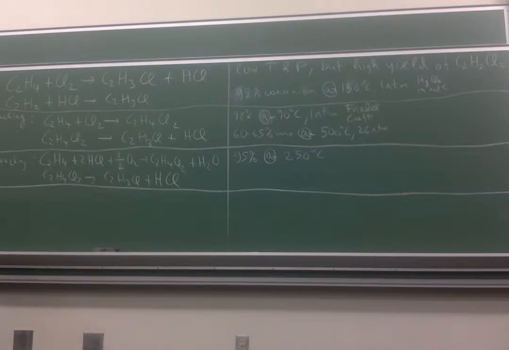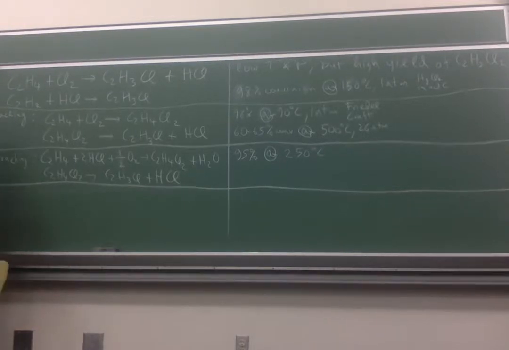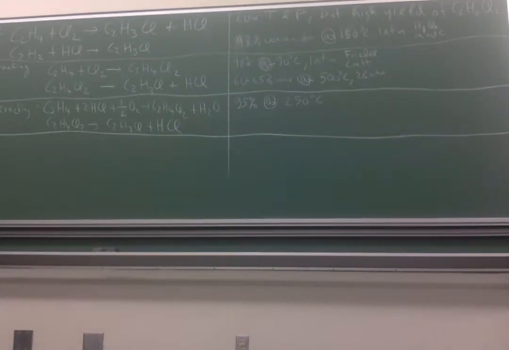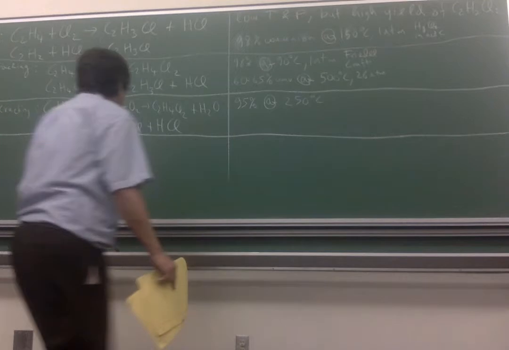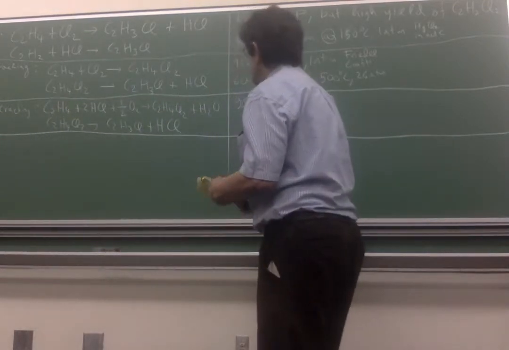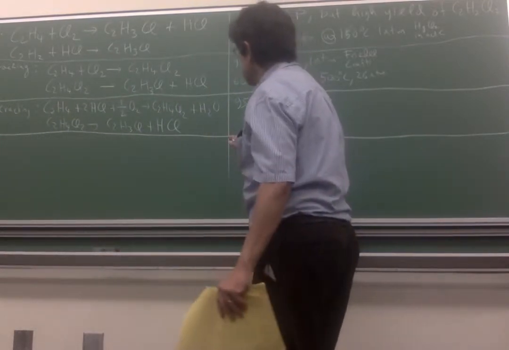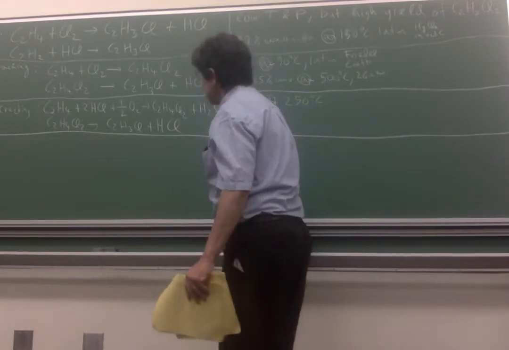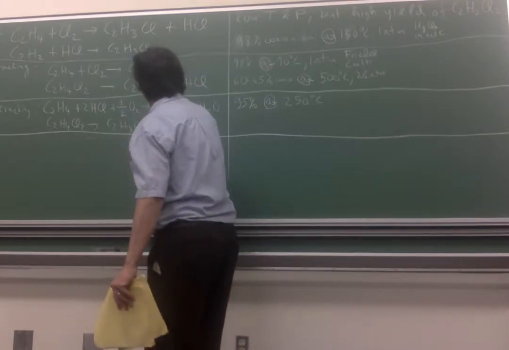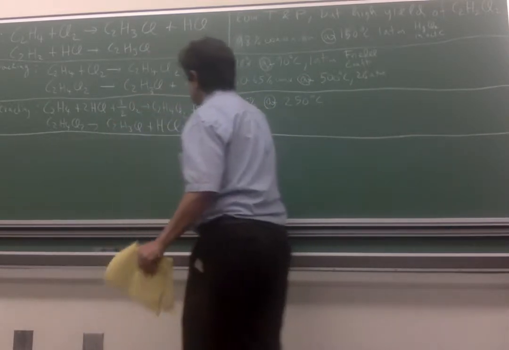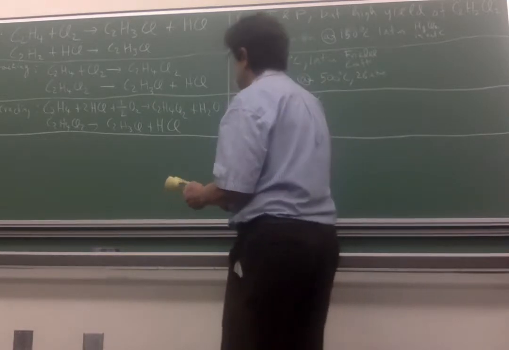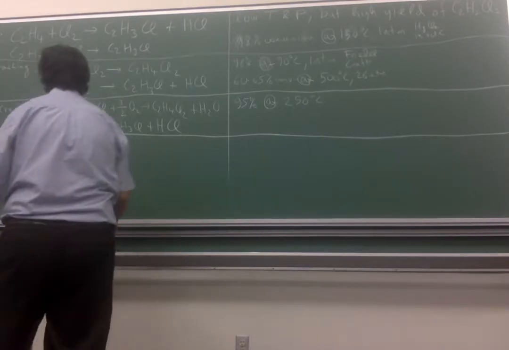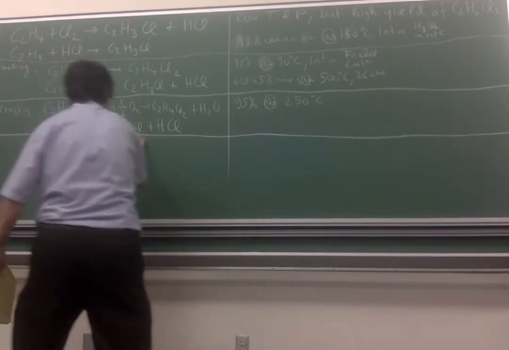And one thing you'll observe is that the cracking produces HCl. Oh, I didn't write the net reactions. I should have written the net reactions also. So you have more than one. It's a good idea to also write the net reaction.